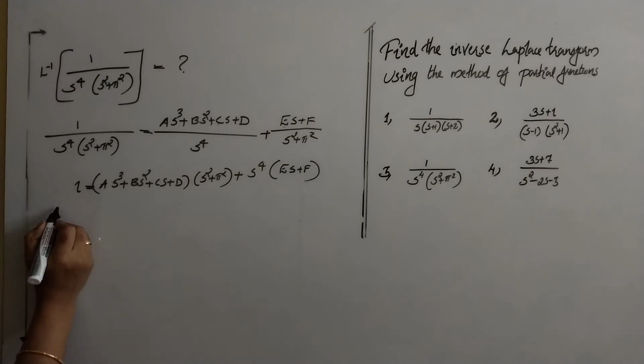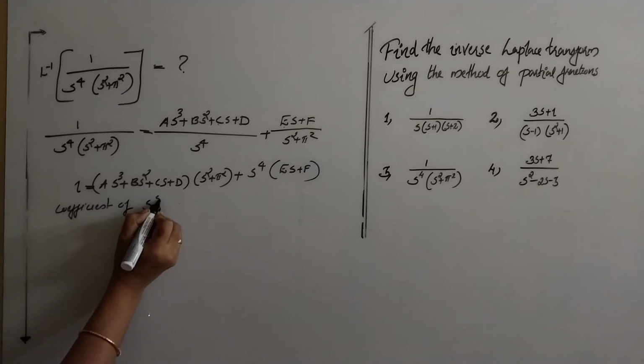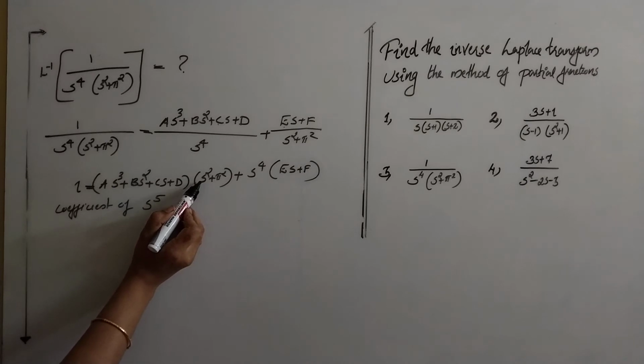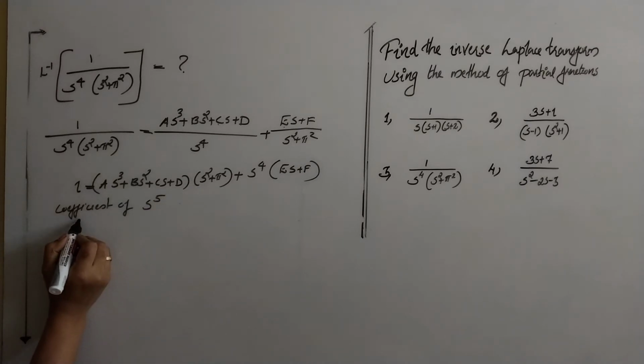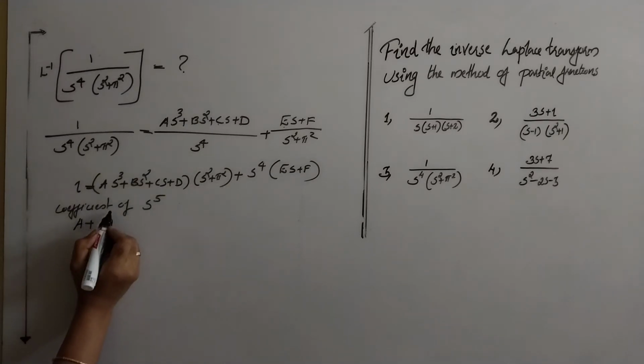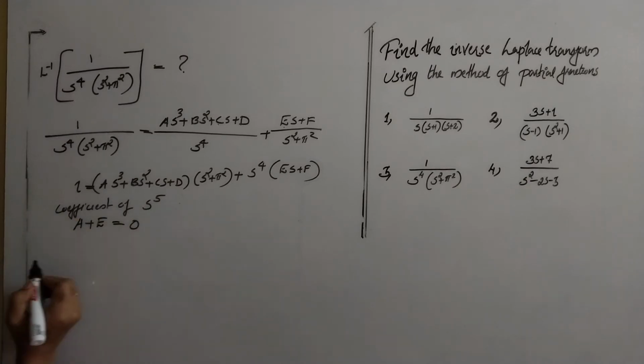Now equate the coefficient of s raised to 5. Here a s cube into s square is a s raised to 5, and also e s raised to 5, so a plus e, and on LHS it is 0. Coefficient of s raised to 5 is 0.